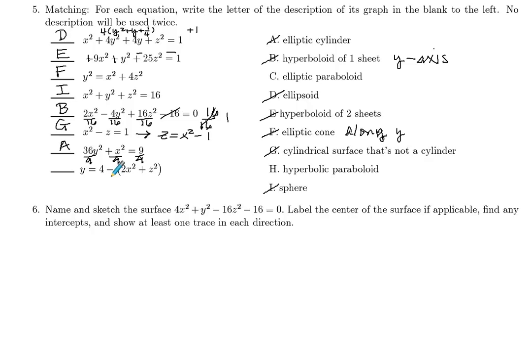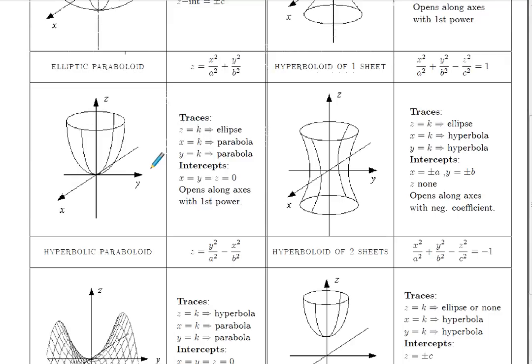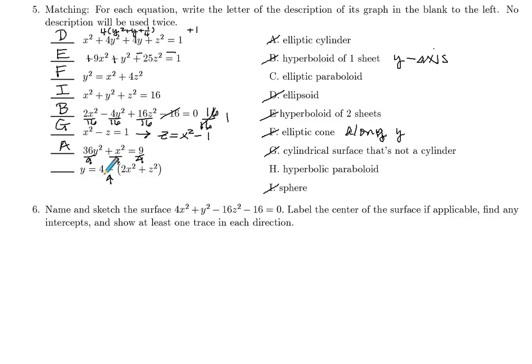This minus flips it over, so this is y in terms of x and z. So that's going to be a paraboloid that opens along the y, but then the negative sign is going to flip it so it opens along the negative y. And then this plus 4 is going to shift it 4 units along the positive y-axis.